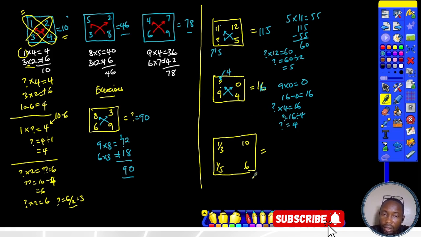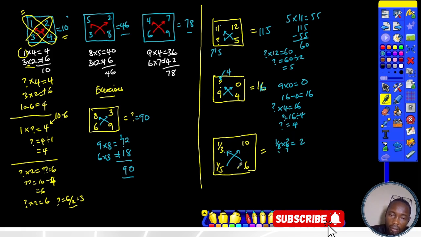In this question, we're going to also be looking at how to get the number outside. So I'm going to do the arrows again, goes this way, and we have 1 over 3 times 6. We're going to have 2, 1 over 3 here, 2.